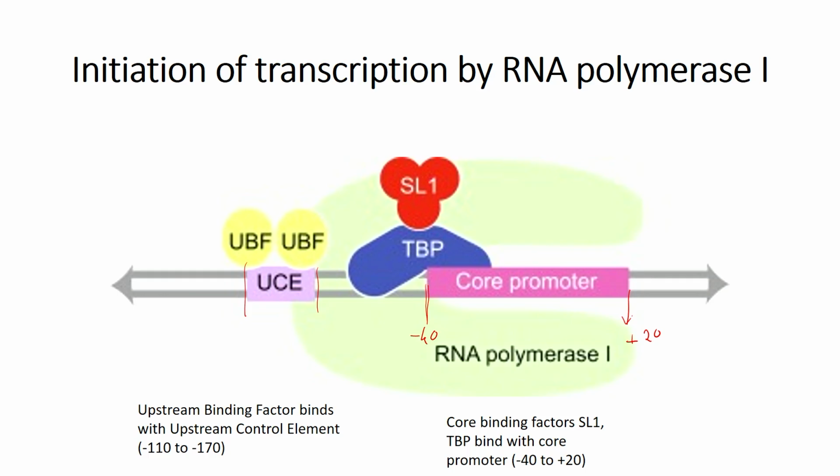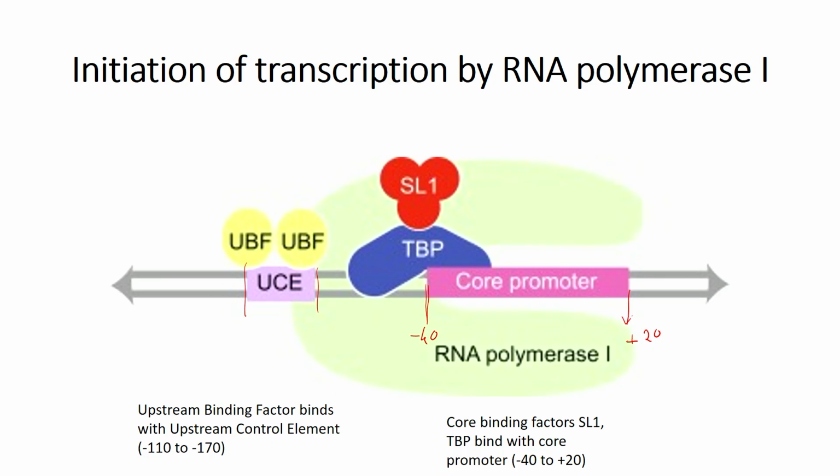This is by protein-protein interaction. And with the core promoter, there are certain transcription factors. SL1 is one, and TBP, TATA binding protein, binds with that region from where the RNA polymerase will sit and start opening the DNA.